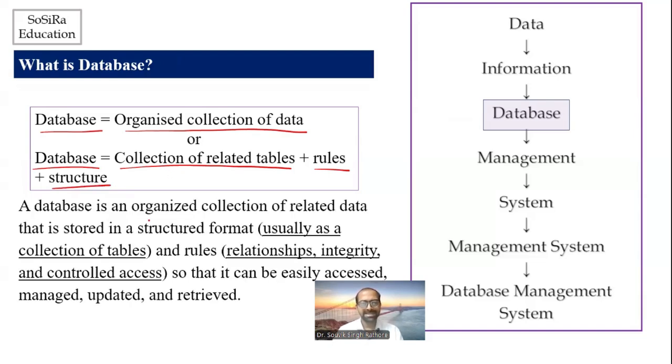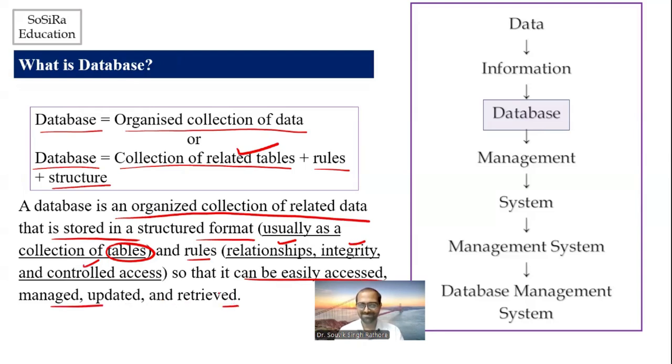A database is nothing but an organized collection of related data that is stored in a structured format, that is tables, and there are certain rules. We will learn about things like relationship, integrity, and controlled access, so that it can be easily accessed, managed, updated, and retrieved. Next, we want to jump from database to the word management.